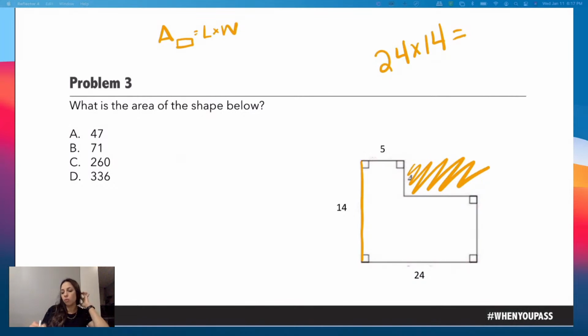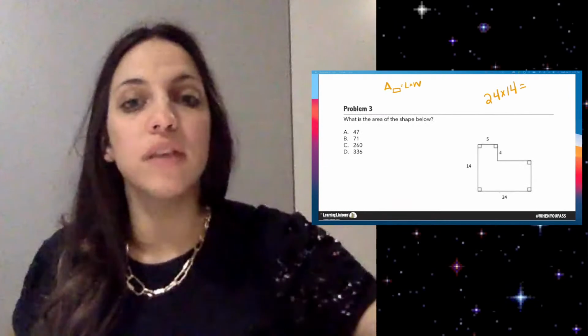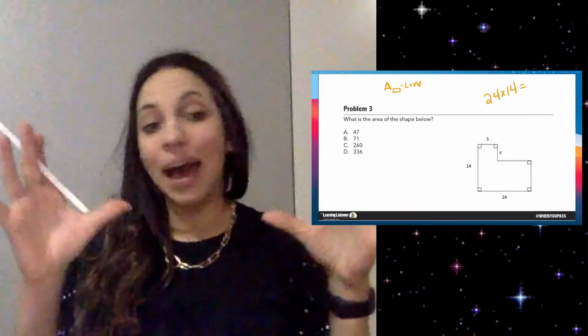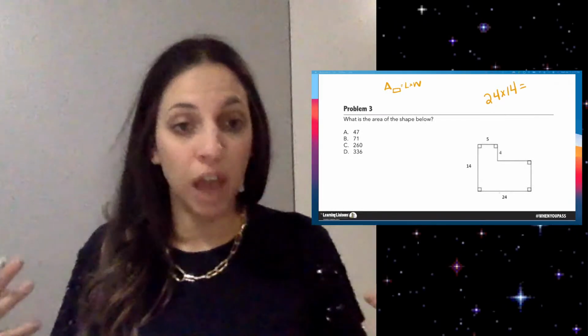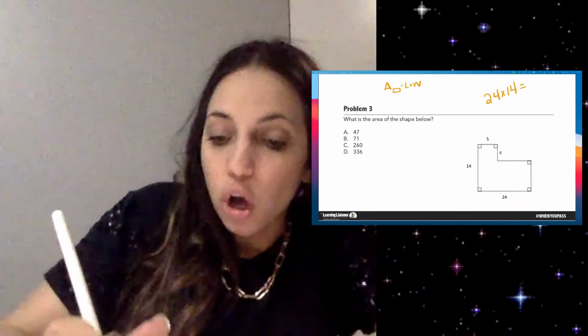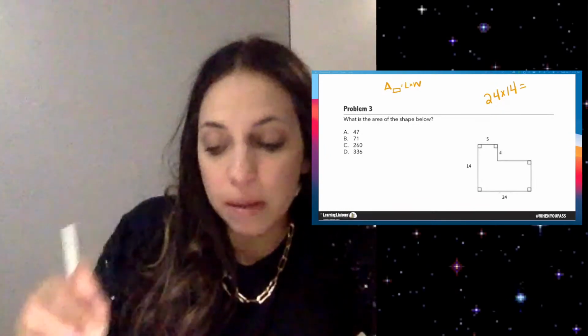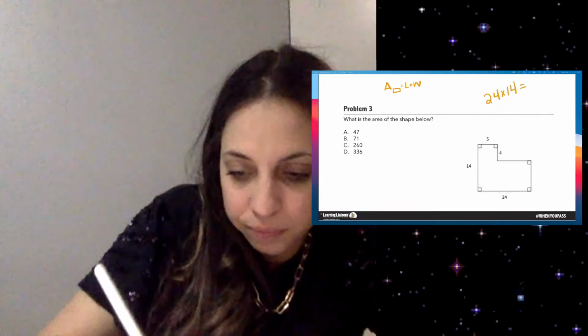So I'm going to tell you, you have a choice in this matter. You can solve this problem by doing addition or subtraction, whichever one you prefer. So you could split this shape up. So option 1.